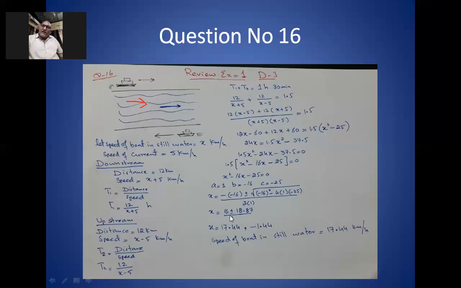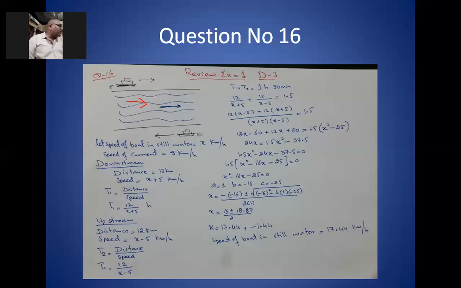So now you have two possibilities. You will write 16 plus 18.87 equals to, divided by 2 equals to, in your calculator, you will get 17.44. And the second thing you can do is enter 16 minus 18.87 equals to, divided by 2 equals to, and the answer will be minus 1.44.